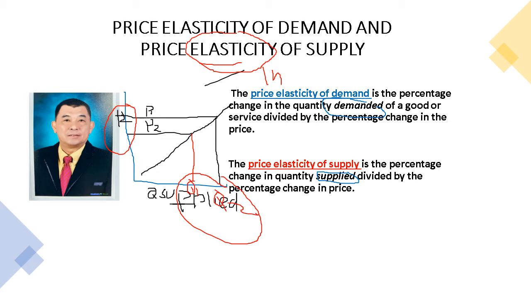An inelastic demand or supply curve is one where a given percentage change in price will cause a smaller percentage change in quantity demanded or supplied. While a unitary elasticity means that a given percentage change in price leads to an equal percentage change in quantity demanded or supplied. Okay? So let us proceed.